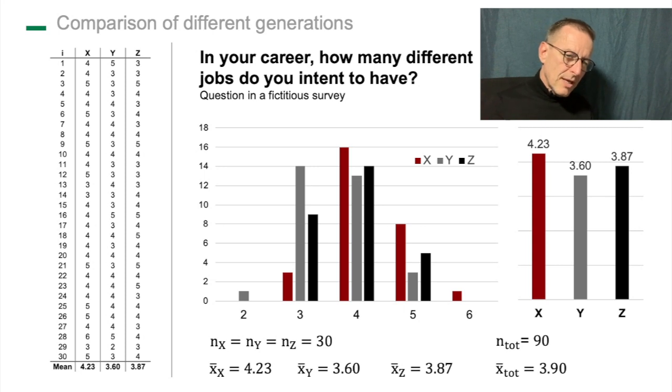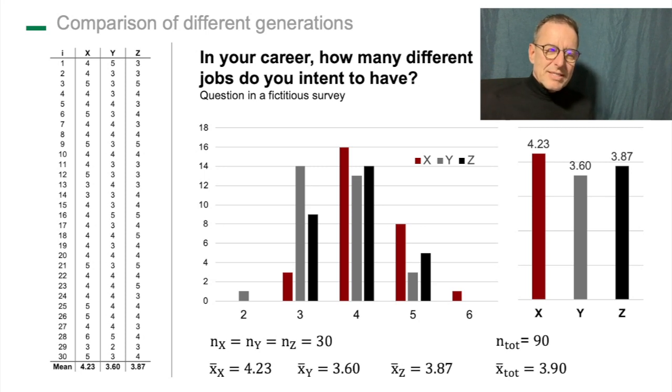So you see, in this fictitious example, Generation X says on average 4.23 jobs, while Generation Y said 3.6 jobs and Z said 3.87 jobs. So already based on those averages, you see a difference, right?